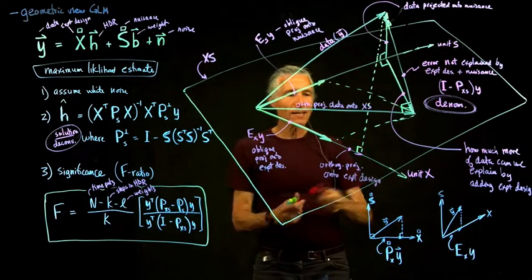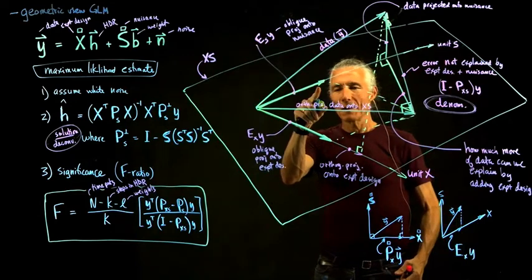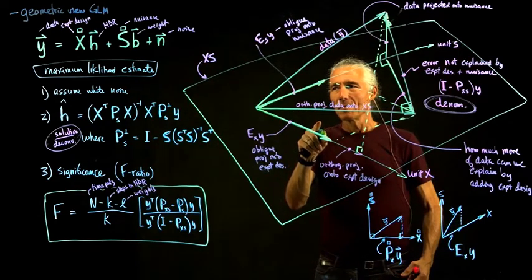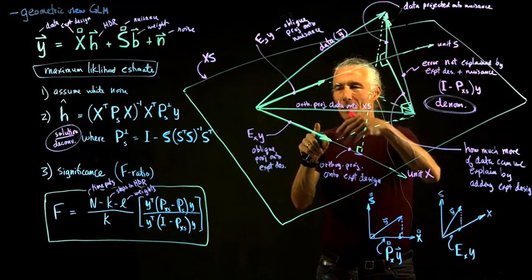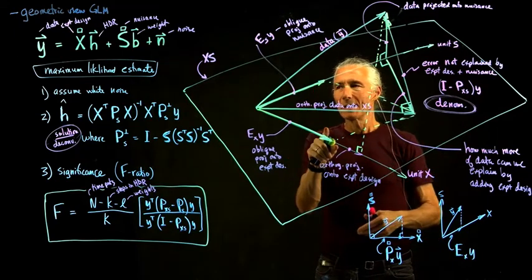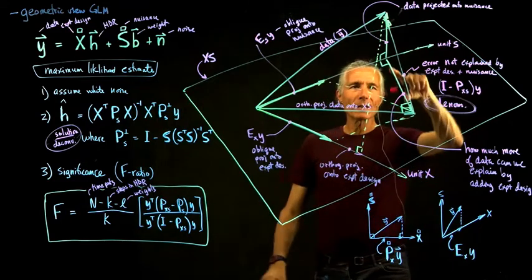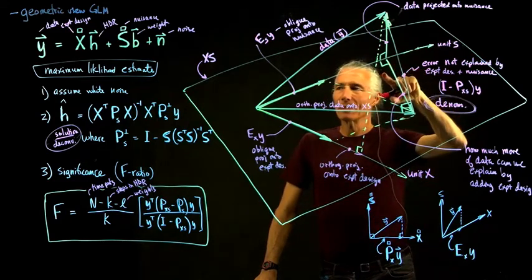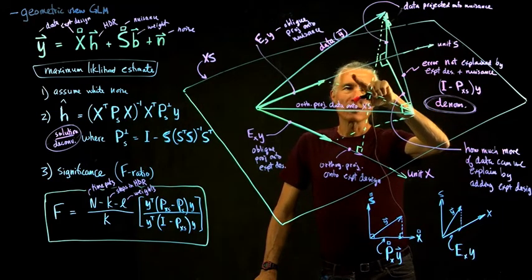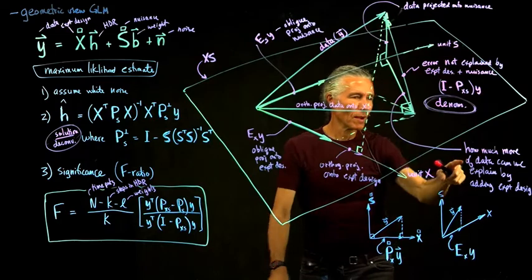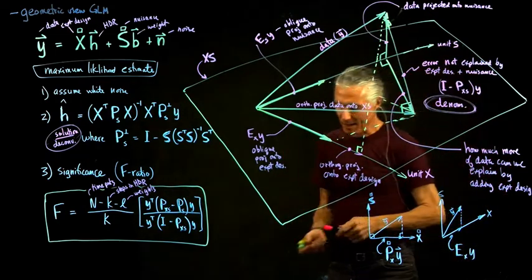But that doesn't take into consideration that the nuisance vectors are not uncorrelated with it. And so we've got this problem of crosstalk between the nuisance vectors and the experimental design vectors. The way we fix that is we say we're only going to look at the difference that's perpendicular, uncorrelated with the nuisance vectors. And that's what this number is. So how much more of the data can we explain by adding the experimental design?